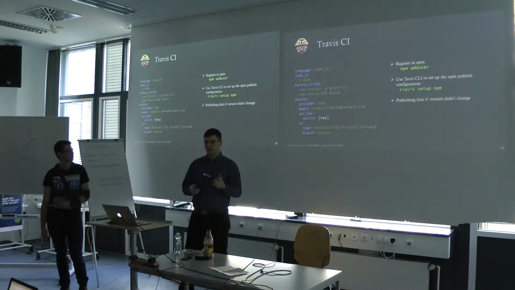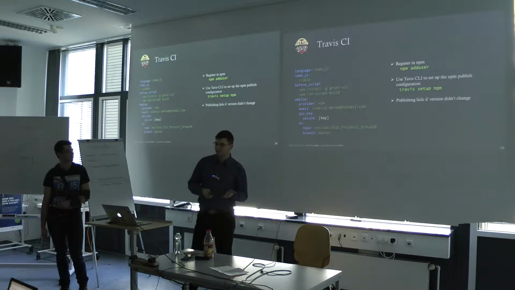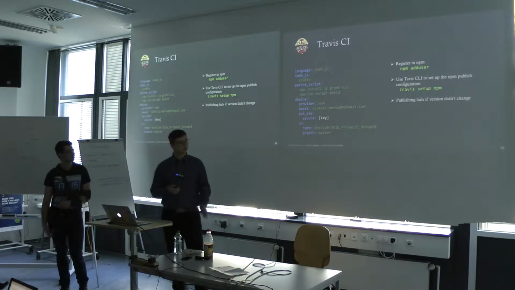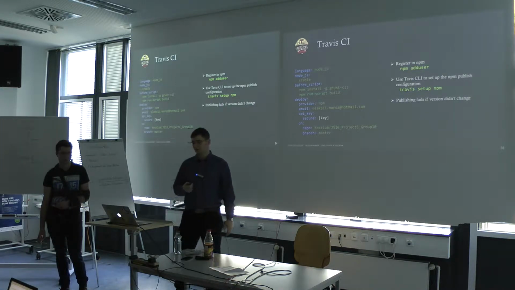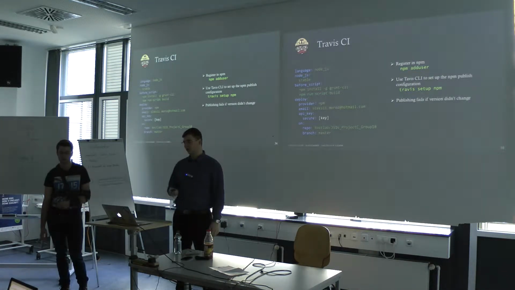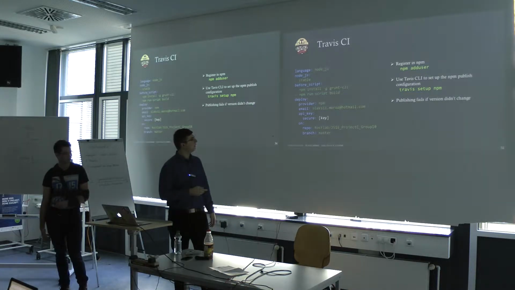Also, we decided not to publish after every push. So for now, it fails if the programmer didn't change the version of the npm package, didn't increase it. So if you want to actually publish, you need to increase the version of the package after your commit.